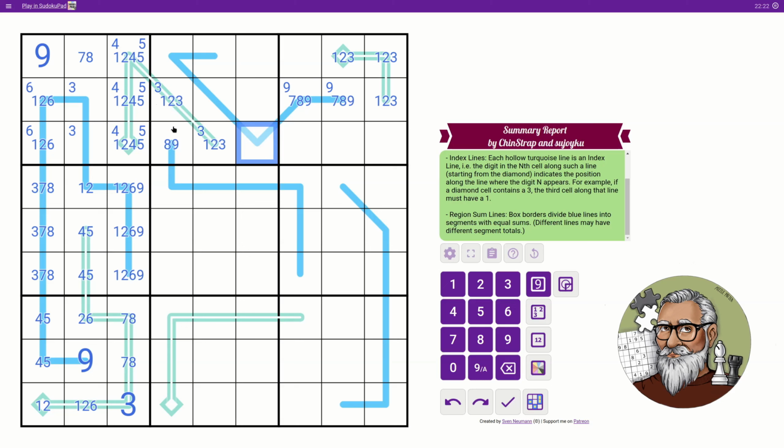So 1, 2, 5, 1, 3, 4. So that doesn't work. So none of these are 9, and this has to be 9. Okay, good, we have another digit, but it doesn't limit these anymore, any further than we already knew. So they're still from 1 to 6.